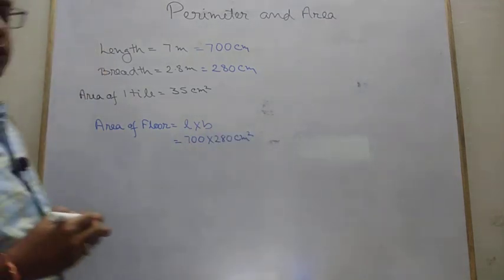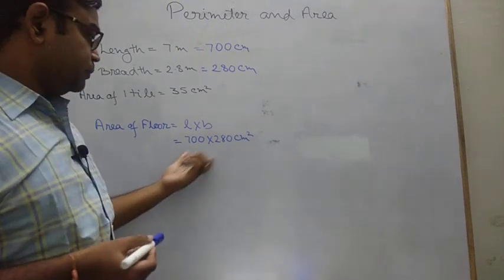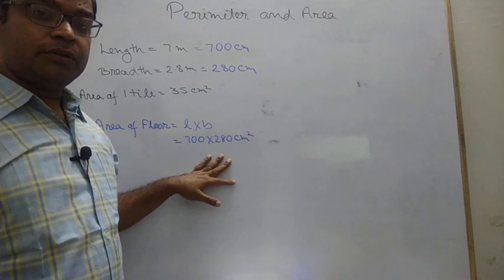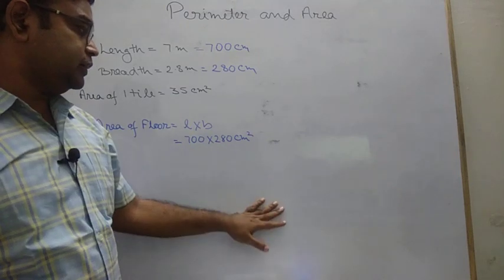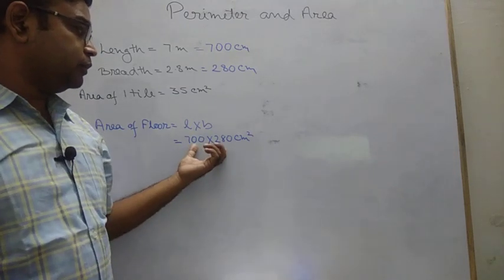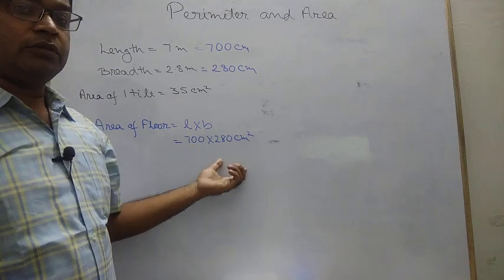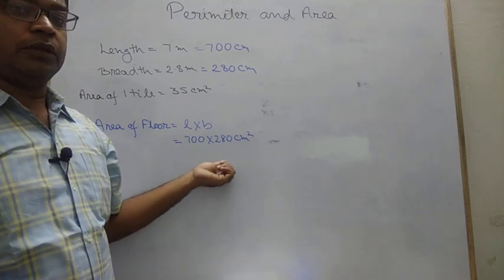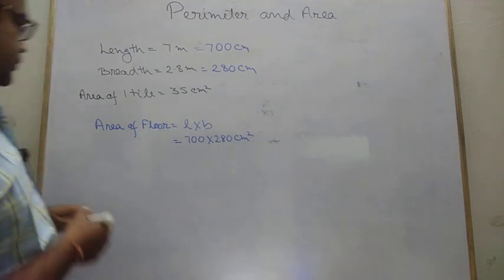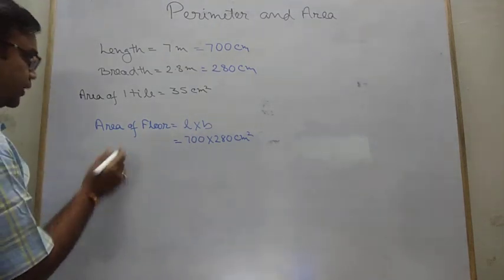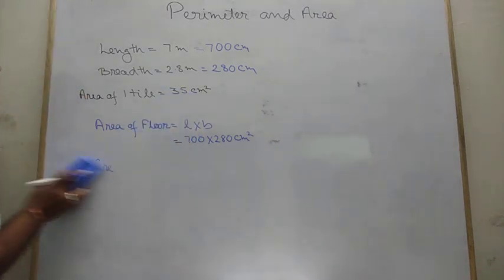Many of you will start to multiply these and then write, but always remember that at the end we have to divide this one, so why make it more complex? Leave it as it is. Now the area of one tile is given, 35 centimeter square.